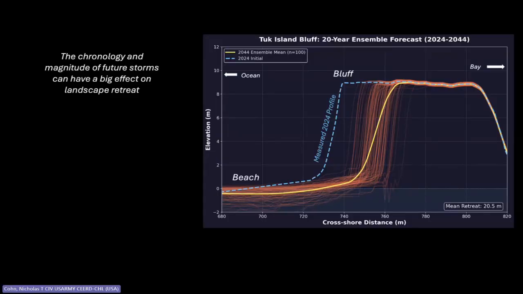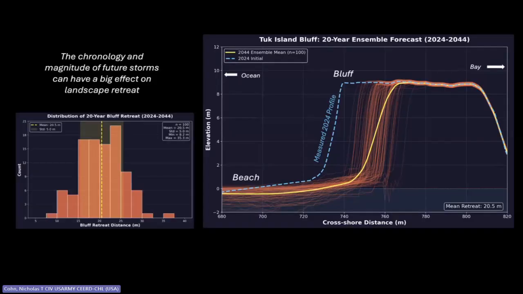If we come up with a probability distribution of future retreats, it could be anywhere from 8 meters to, let's say, 38 meters. So a wide potential response just based on the stochasticity of wave heights, water levels, and air temperature changes in the future. Although generally everything is saying that this landscape is going to continue to erode.